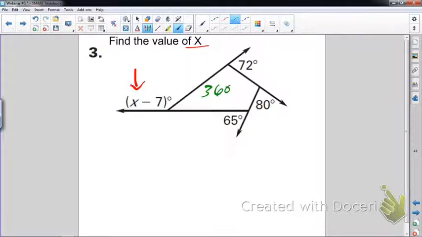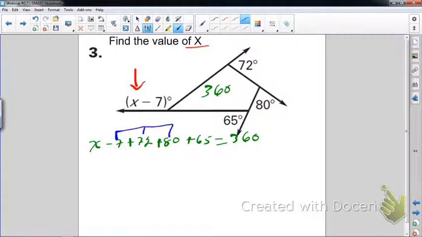So remember that. I'm going to still add them up. So I'm going to get x minus 7 plus 72 plus 80 plus 65, and then I'm going to set it equal to 360. Now we combine things that are alike. As you see, all of these are numbers that we get to go ahead and add together.